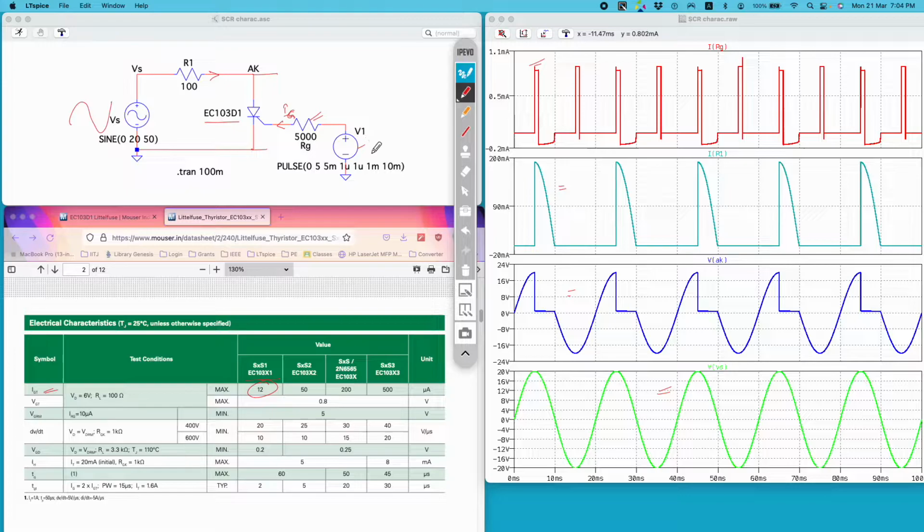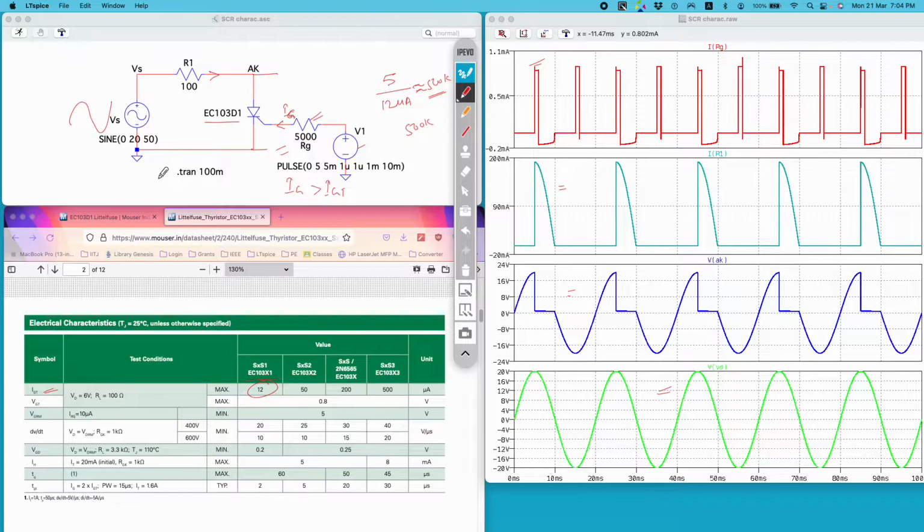Here I have used a 5 volt voltage source. 5 volt divided by 12 microamp is approximately 500K. So I can pick a resistor smaller than 500K, and that will ensure that Ig flowing into the gate terminal is greater than IGT. Here I have selected 5K.